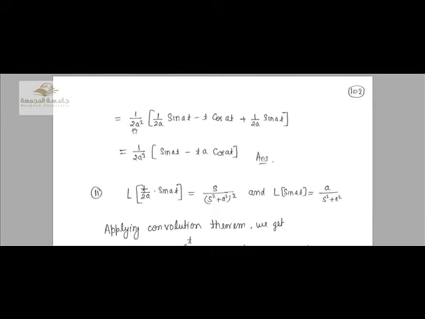This is equal to 1 by 2a square [1 by 2a sine a t minus t cosine a t plus 1 by 2a sine a t]. This is equal to 1 by 2a cube [sine of a t minus a t cosine of a t]. This is the required answer.